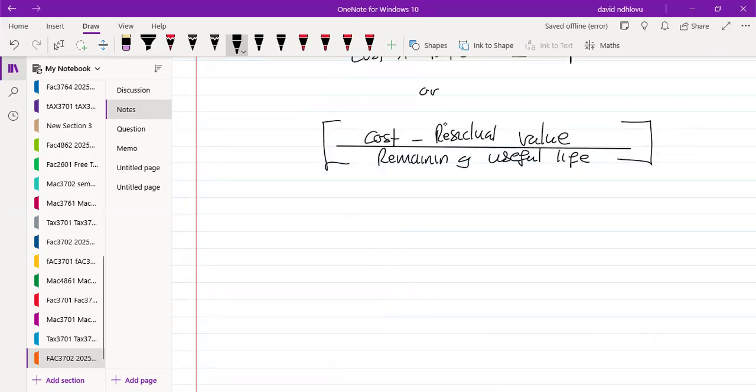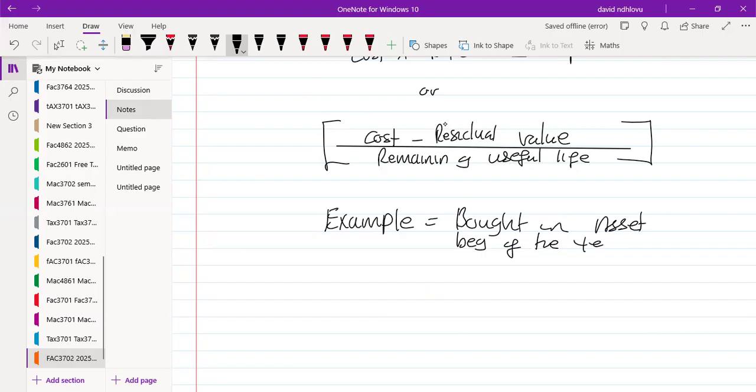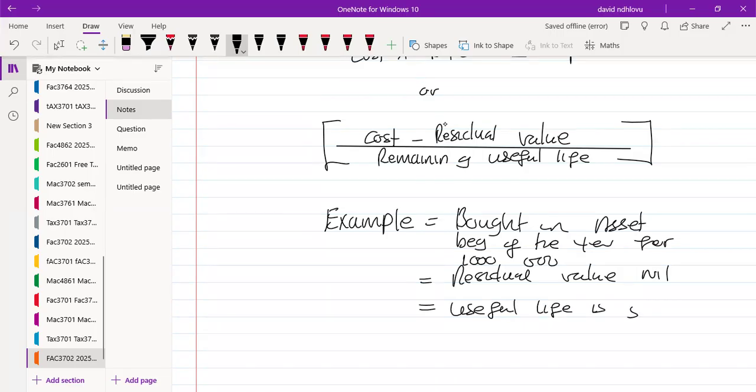For example, if I bought an asset at the beginning of the year for an amount of 1 million, and then we say residual value is nil, and useful life is 5 years.